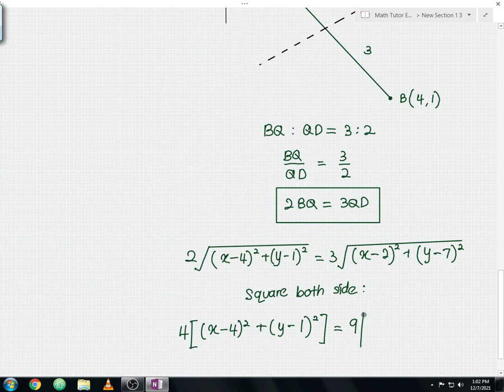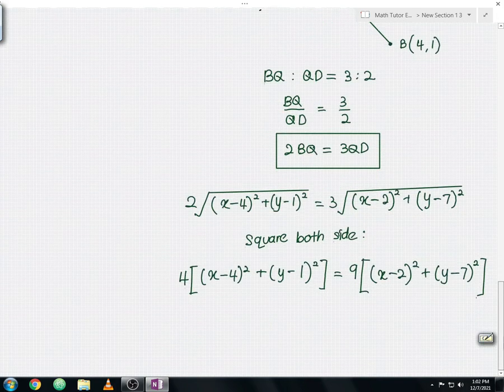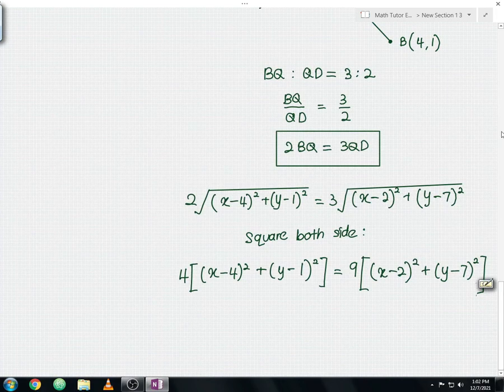Similar over here, the square bracket, x minus 2 square, plus y minus 7 square, close bracket. Now we're going to expand each bracket in the left side and the right side respectively. Let's start to expand the bracket by beginning with the left hand side.